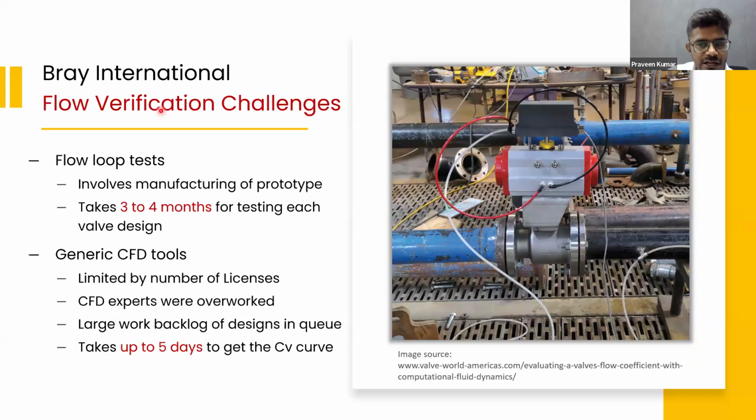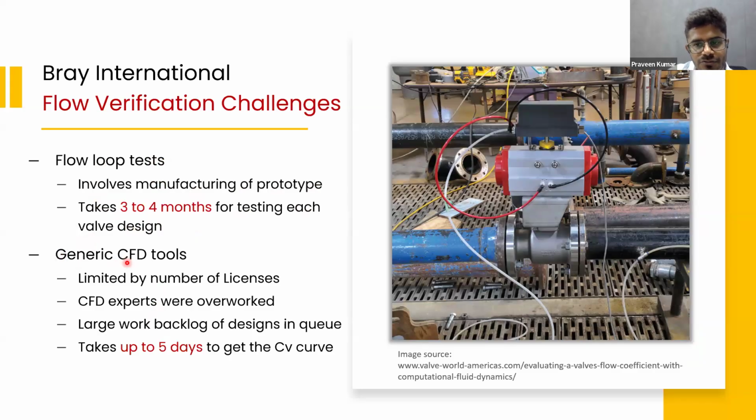The challenge they had was the flow loop tests they conduct. It involves manufacturing a prototype, and it takes 3 to 4 months of testing each valve design. They already had an expert team and conventional CFD tools, but they were limited by the number of licenses, and the CFD experts were overworked.